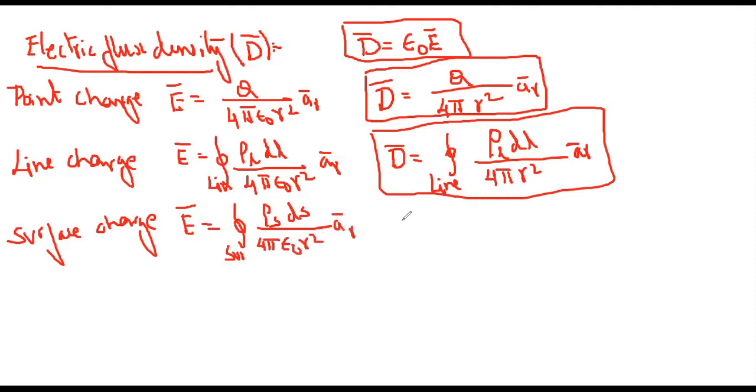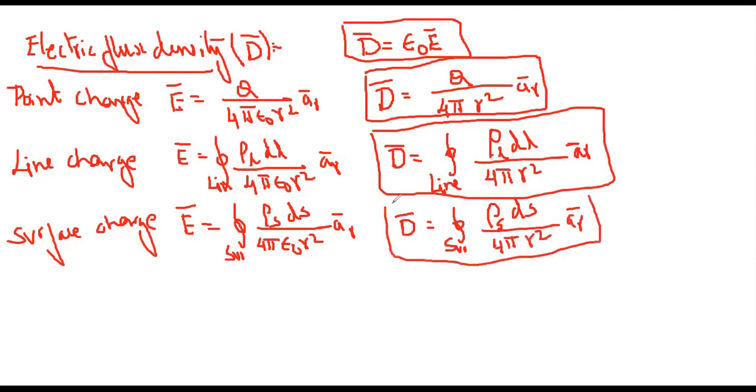Now, the electric flux density D bar is equal to the surface integral rho S ds by, without epsilon here, 4 pi R square into AR bar.